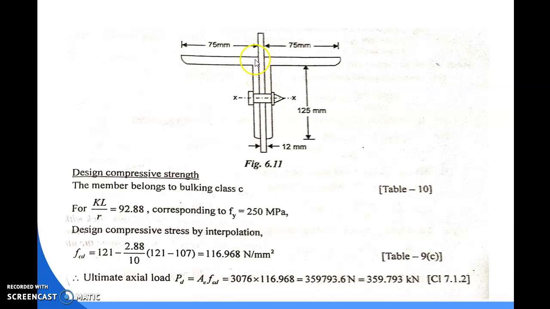So you can see this one is your longer leg of the angle and this one is your shorter leg. So the longer leg of the two angle sections is connected by bolting to a gusset plate.